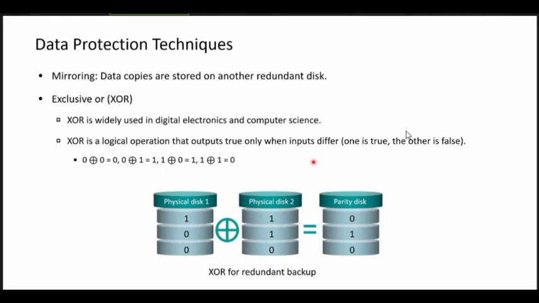Now we talk about data protection techniques. The data protection technique that they use in RAID is the XOR. You probably learned this during high school. The XOR calculation is pretty straightforward. Anything the same equals 0. Anything different equals 1. So how do you calculate this?